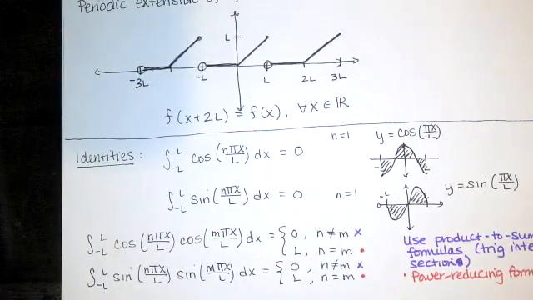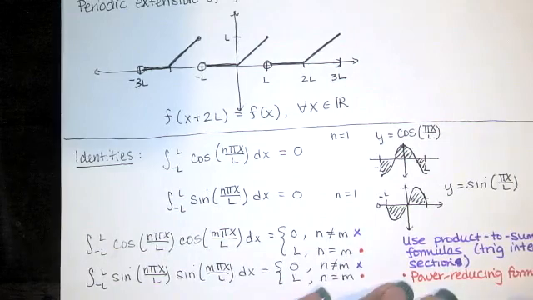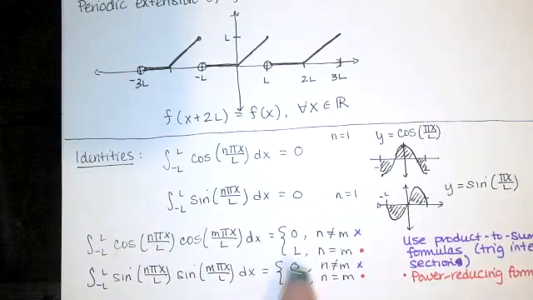So you'll use power reducing formulas for both of these guys in order to evaluate those integrals. And you should work it out if you don't believe me or you are having trouble thinking through how you get these values. But if you use those power reducing formulas, you'll be able to evaluate the integral, plug in the limits, and then you'll get L for each of these guys.